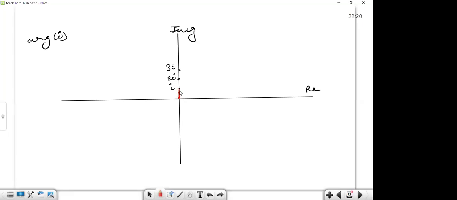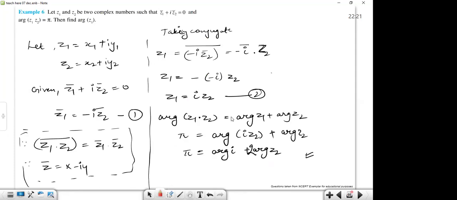Now what angle is this line making with the positive real axis? Right angle. So this is a 90 degrees angle.